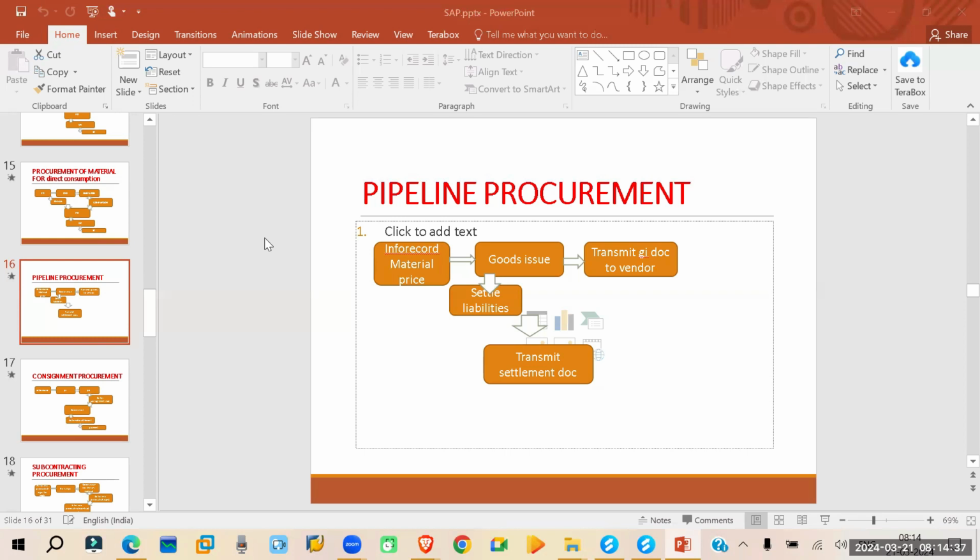So you have to inform the supplier or vendor that this much quantity I have consumed.